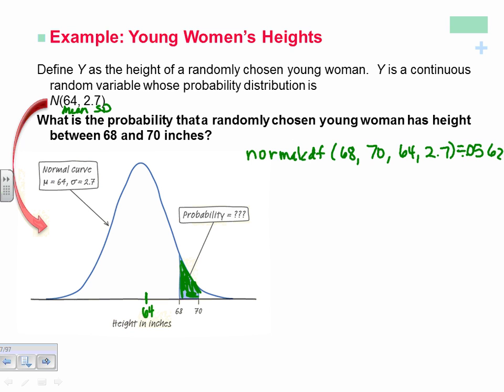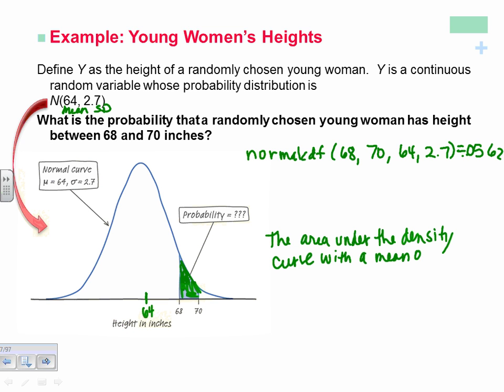So what you can do is say the area under the density curve with a mean of 64 and standard deviation of 2.7 from 68 to 70 is 0.0562.